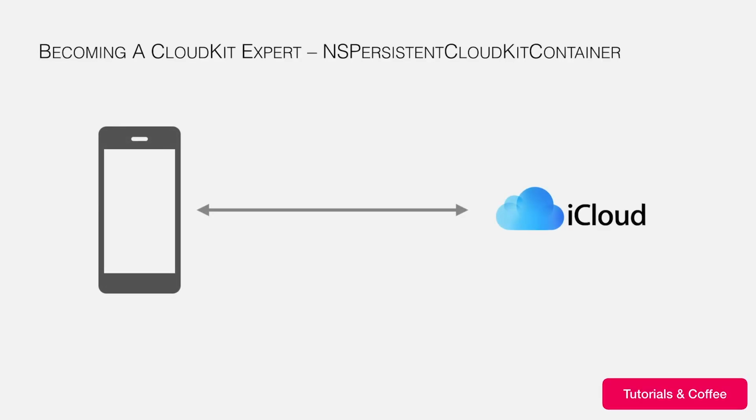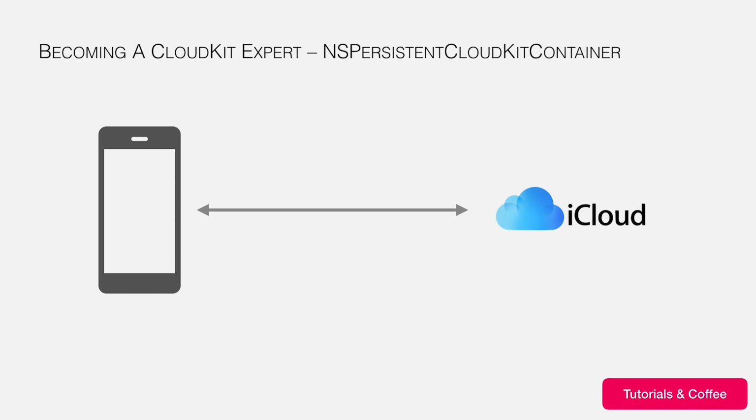We have a device on the left and the server on the right, and now let's say we have an application where we can store notes. So we create a new note and we upload it to iCloud so that it's stored on the server. Now let's say we close our application, we open it again, and then we fetch the data from the server so we can see our notes.